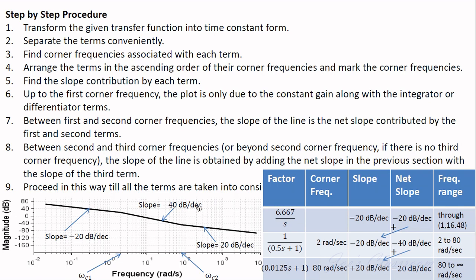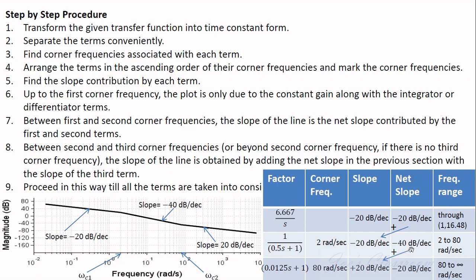Whatever I said can be put in a table also. Here are the factors in ascending order of their corner frequencies. Corner frequencies are written here. The slope contribution is given, and the net slope is this. For the first row, the net slope is whatever slope we have, minus 20 decibels per decade.